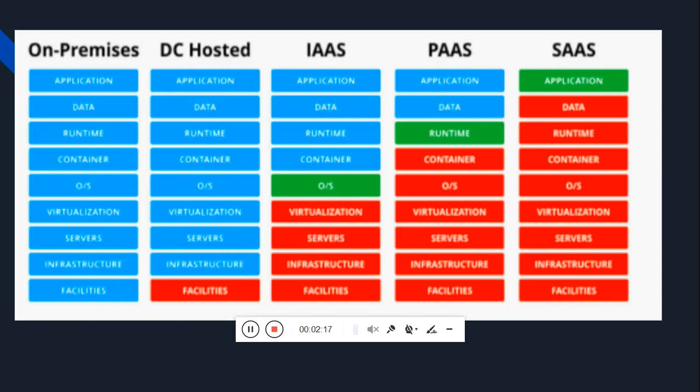Before cloud computing, it was popular to use a service known as data center hosting, which is the second one, the DC hosted. This is similar to the on-premises architecture, but when you use data center hosting, your equipment is in a building that's managed by the vendor.